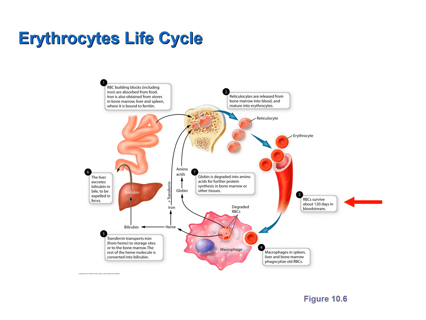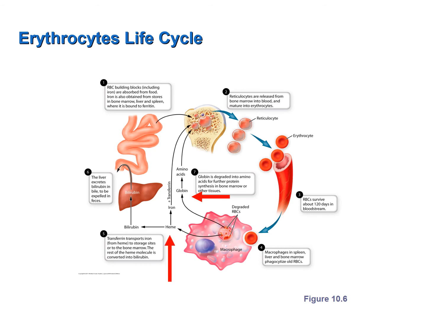In about 120 days, the red blood cell is battered and damaged and dies, and it is phagocytized by a macrophage. It's digested and broken down. The amino acid components of hemoglobin and other portions of the cell are recycled to be used to make more hemoglobin.